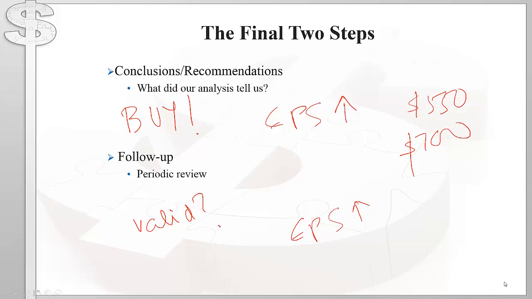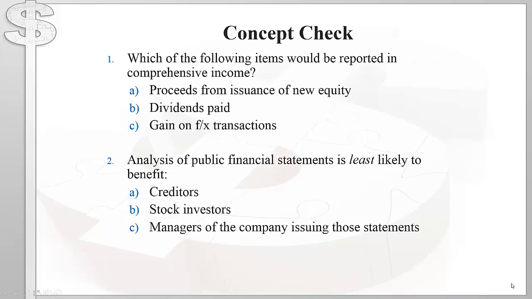Now this brings us to an end to the reading material for this chapter. We will now go over some practice problems to check our understanding. Let's look at the first problem. Which of the following items would be reported in comprehensive income? Now we know that comprehensive income includes all changes in equity except for the transactions with shareholders.